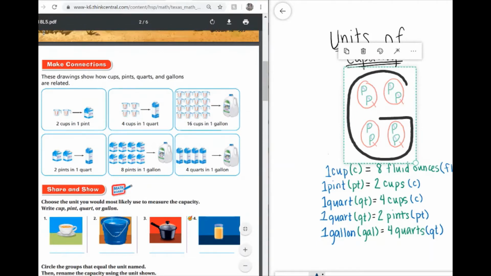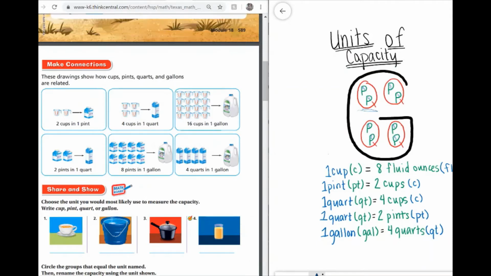Now, 2 pints in a quart. We have a quart right here, and we have 1 pint, 2 pints. Now, if we go ahead and count the pints in a gallon, here we have 2 pints. Here we have another 2, which equals 4.